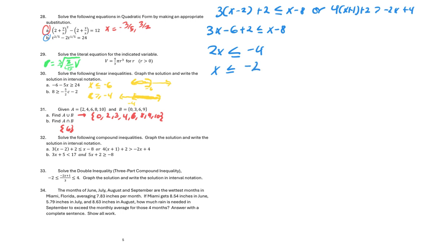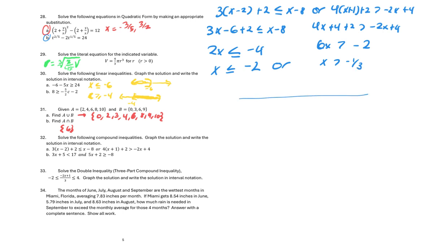Now we solve for the right side because we're doing an OR. So we'll get 4x plus 4 plus 2 greater than negative 2x plus 4. Again, combine like terms, and we'll get 6x greater than negative 2, x greater than negative 1/3.